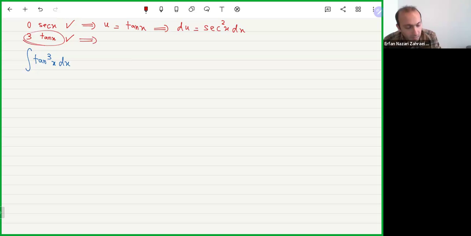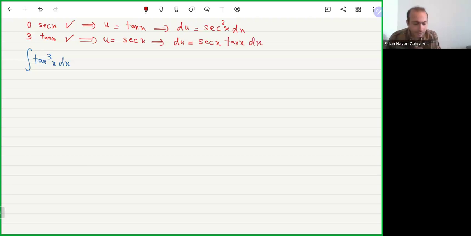And when the number of tangent is good, I need to do the substitution u equals secant, the other term, and du is secant tangent dx.